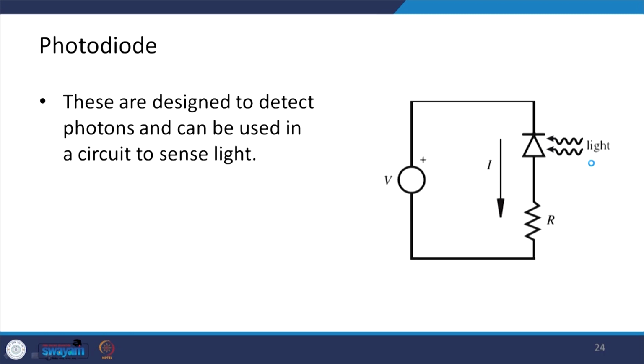And similarly, there are photodiodes which work in a reverse way, that is, if light falls on them a current is produced. So, these are designed to detect the photons and can be used in a circuit to sense the light. So, photodiodes can basically work as a light sensor.